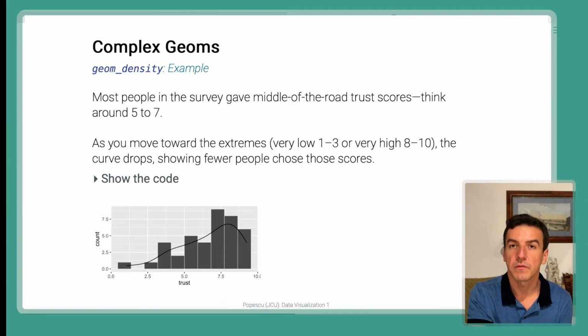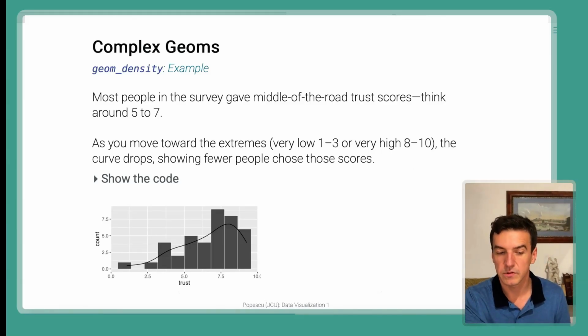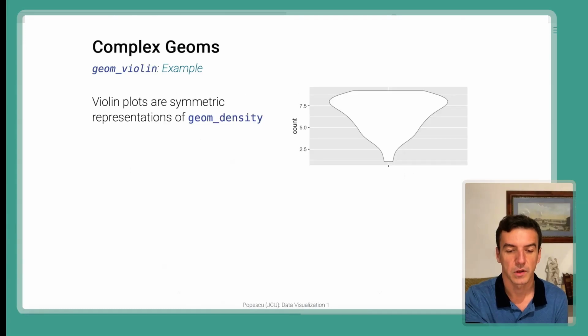Most people in the survey typically gave middle of the road trust scores, something between 5 and 7. As you can see, as you move towards the extremes, either very low levels of trust or very high levels of trust, the curve drops. This means that fewer people chose those trust scores.